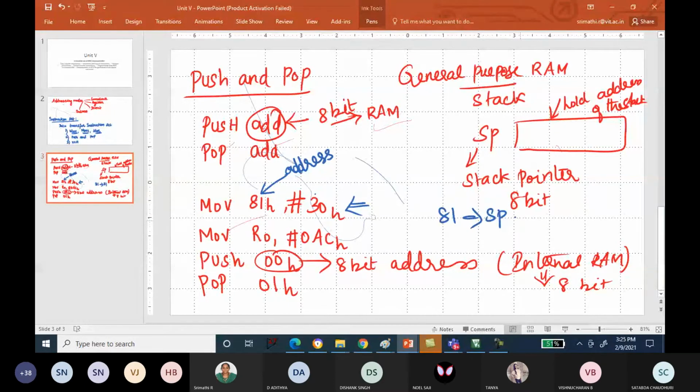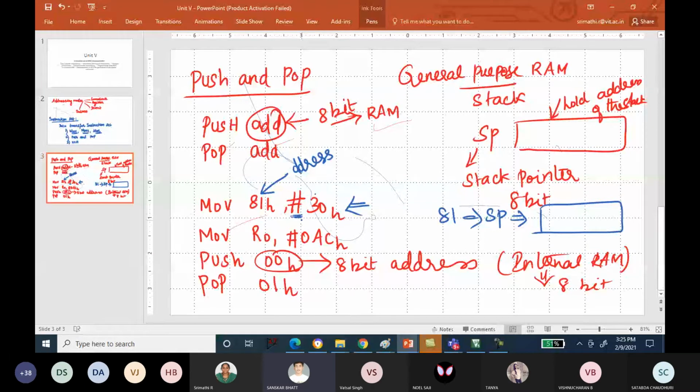That is data. Yes. So at the end of the execution of MOV 81H, #30H, this 81H, which is nothing but the stack pointer, will have the value of 30H.